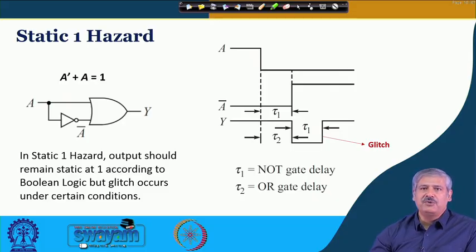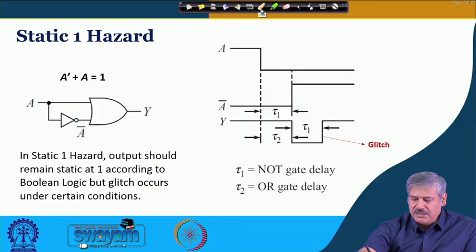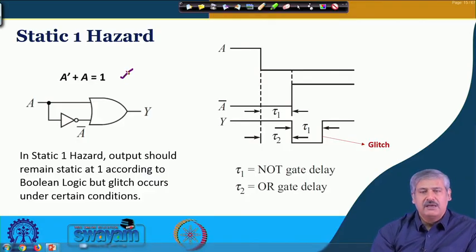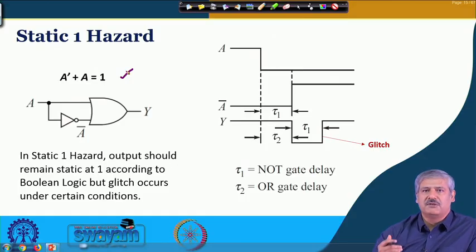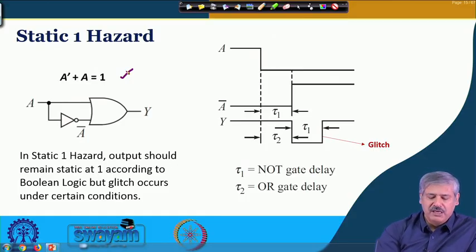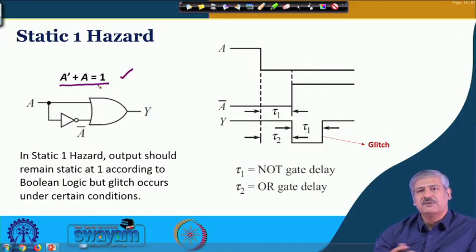So essentially, what we had seen is that the circuit boils down to a condition, after considering all the different inputs and their values, to an expression something like this. That gives rise to the static 1 hazard.